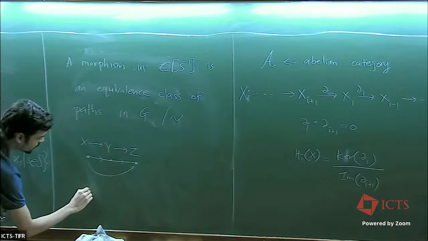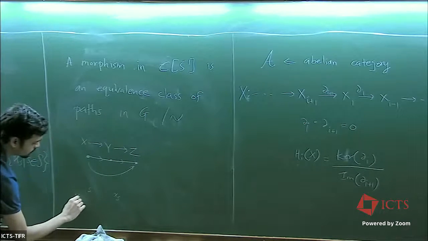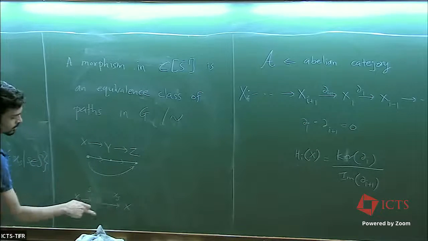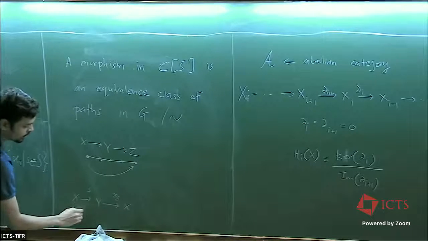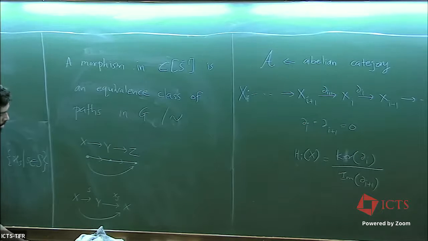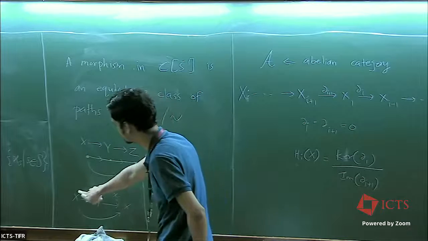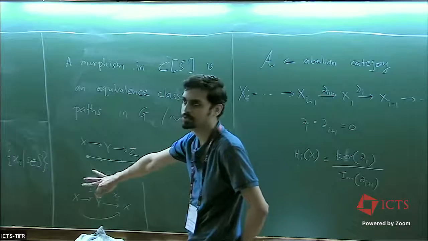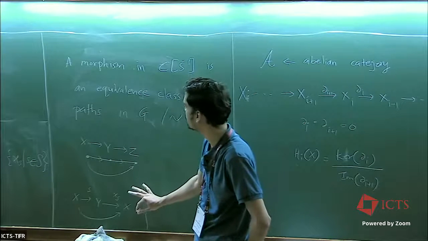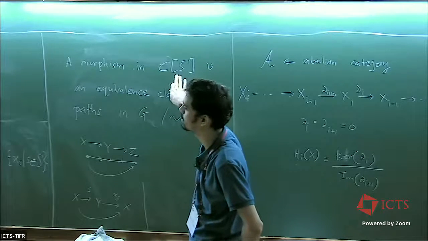So that is what you want. If you have S and X_S, from X to Y and from Y to X, you go back by X_S, this composition should be identified with the identity morphism on X. And similarly, the other way, when you put X_S here and S here, that composition should be identity on the appropriate object. So modulo this equivalence relation, we are considering morphisms in this category.